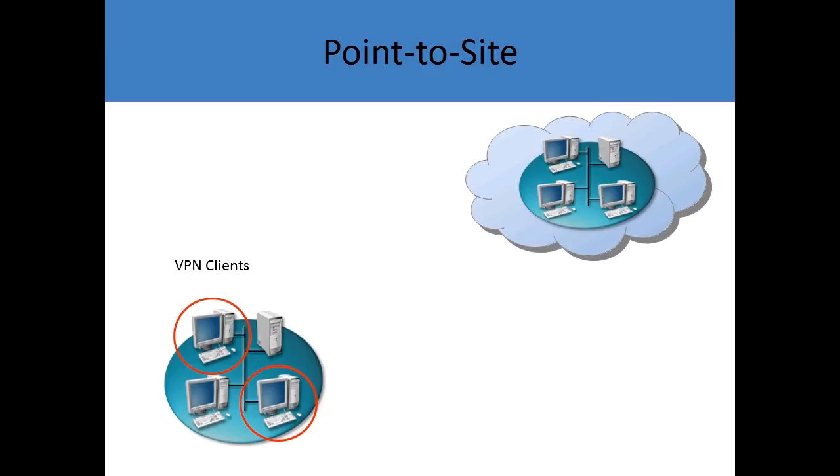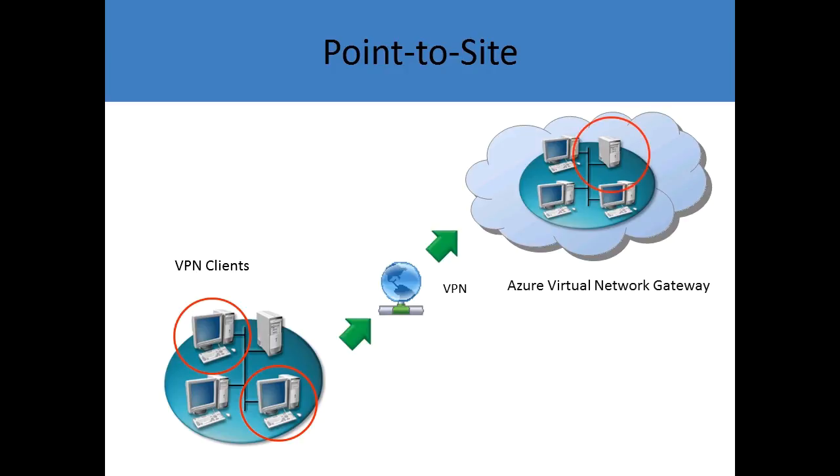They still want to be able to connect to the cloud-based resources, so there still is a VPN connection, but it's client-based. So they still access an Azure Virtual Network Gateway that you do set up and configure, but the simple difference being we're not concerned with creating and configuring a VPN endpoint within our own organization. So it's focused more on the clients. With that, we just have multiple client-based connections, however many as are necessary.